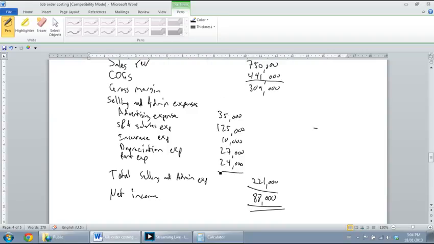Then we deduct the rest of our operating expenses or our selling and admin expenses, which totaled $221. Our gross margin minus our selling and admin expenses equals our income before taxes. In this case, though, because we had no income taxes, at least there's no tax rate given or no information about taxes given, we'll just call that our net income of $88,000. That's it for this series of videos. Stay tuned for the next group.